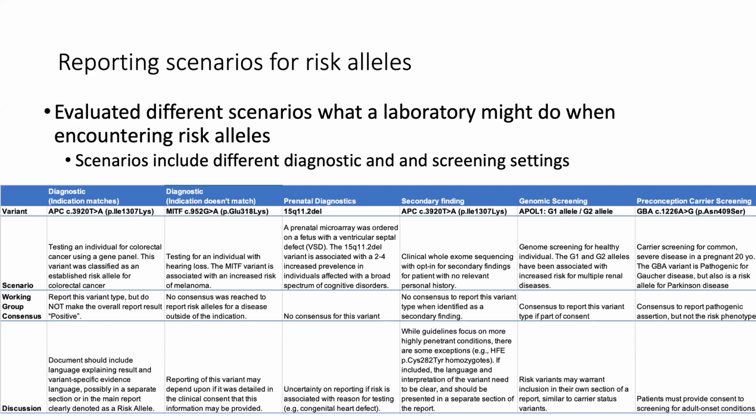If they're only returning things associated with hearing loss, and that's clear in the consent, then you wouldn't be able to return this risk. This is going to be dependent on the lab's policies and how the patient was consented.